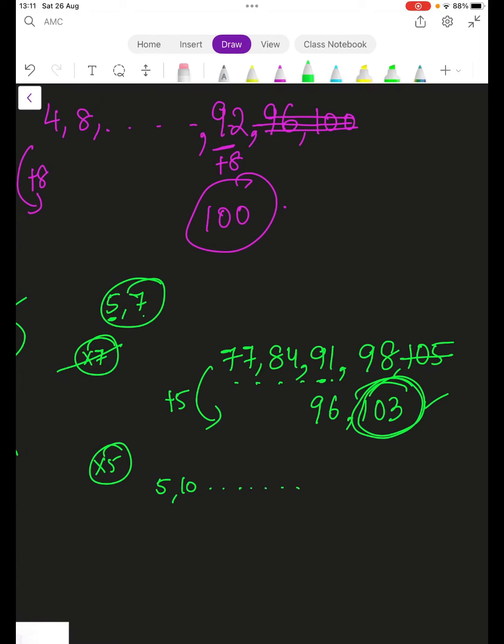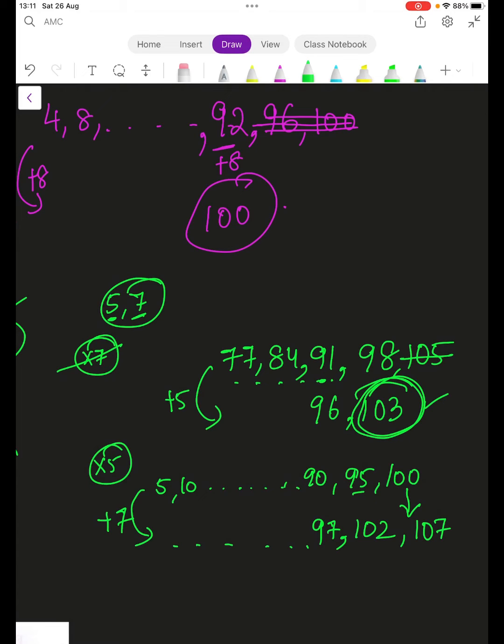Let's try counting in 5s. So 5, 10, again I'm more focused on the last digits, so it will be 90, 95, 100, and because I had to defer by 7, the starting number is 7, that means we'll have to add 7 to every number. So 90 will become 97, 95 will become 102.